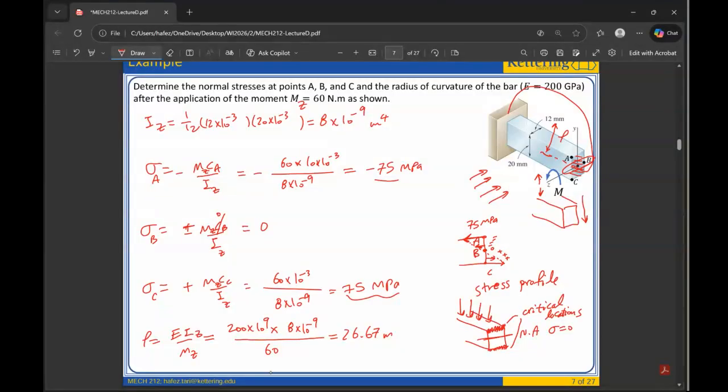So that means we can take out the material like this, because this 0 here, as we go up, it gets more.